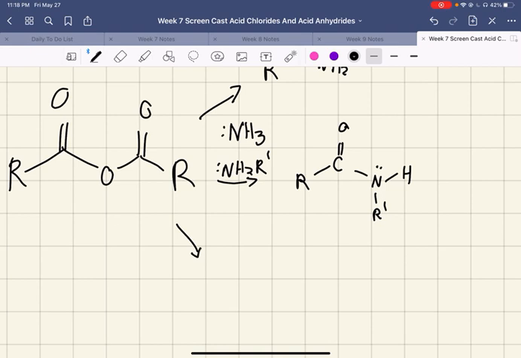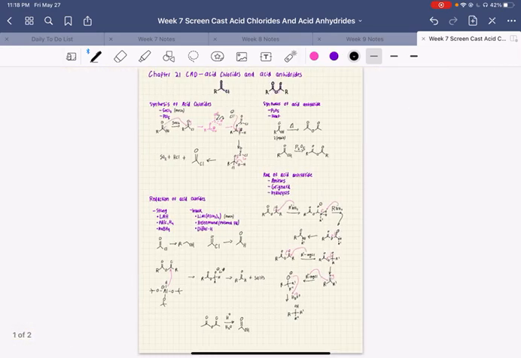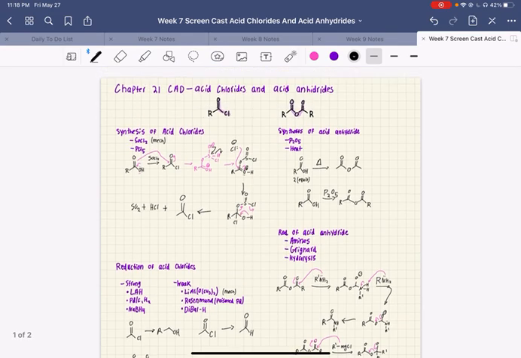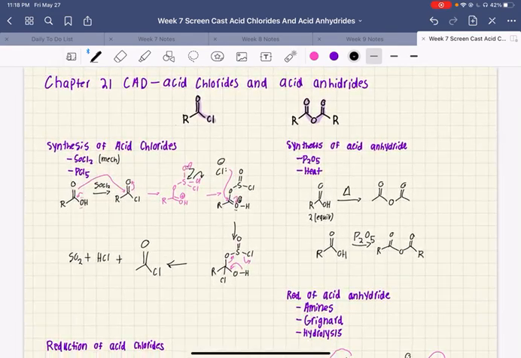And lastly, we'll use ester formation. So that is a small little reaction wheel of some stuff we didn't cover, but still relevant. And so that was chapter 21, carboxylic acid derivatives, specifically acid chlorides and acid anhydrides.